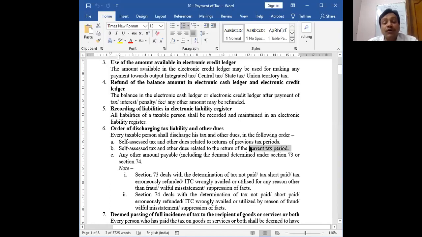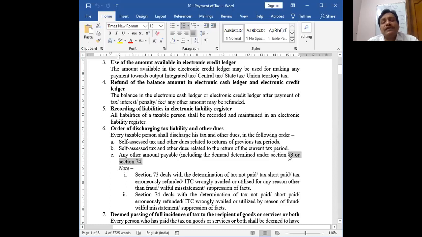This is the order of sequence which you have to follow while discharging your liability. First, clear all your previous dues. Second, after clearing your previous dues, you are entitled to clear your current dues. And third, after clearing your current dues, any amount which you have to pay under section 73 or 74.